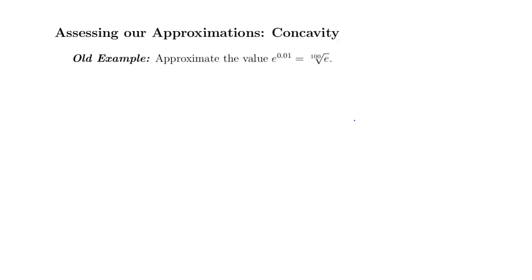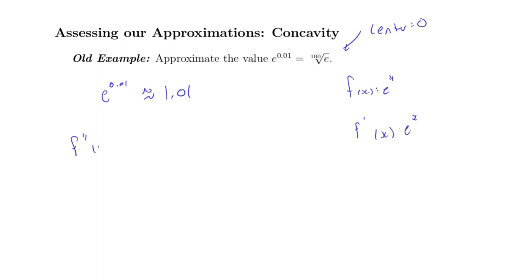So let's go back to that old example where we said e to the 0.01 was approximately equal to 1.01. We had this nice function e to the x, and the first derivative was e to the x, and we were looking at a center being 0. We can check the concavity here by doing the second derivative. Hey, look, it's also e to the x. Then evaluate the second derivative at 0.